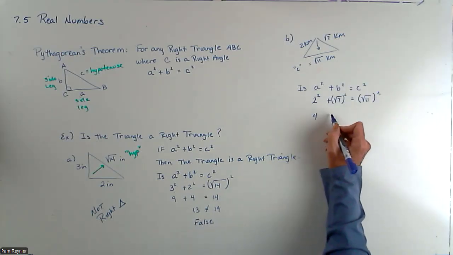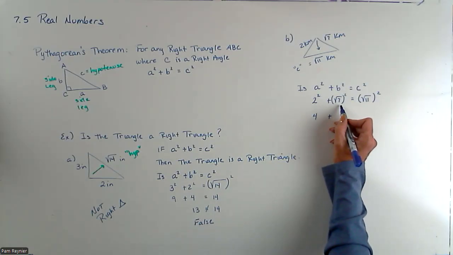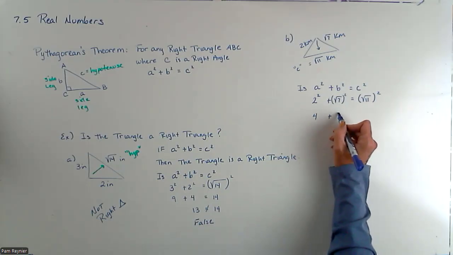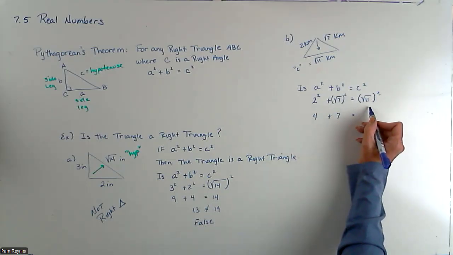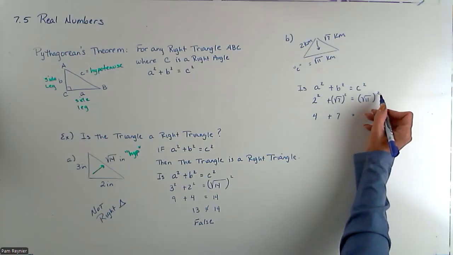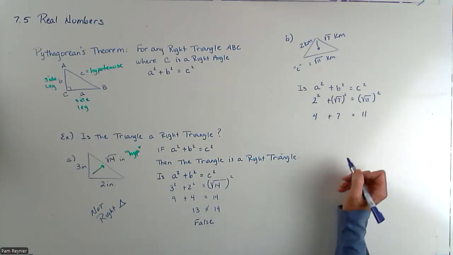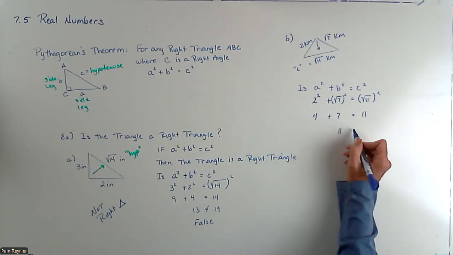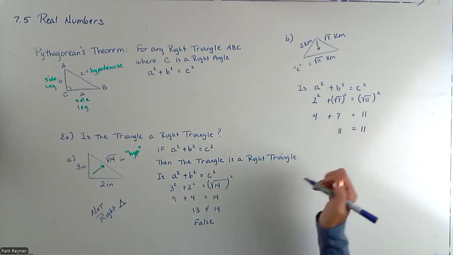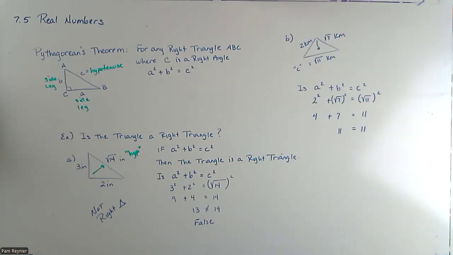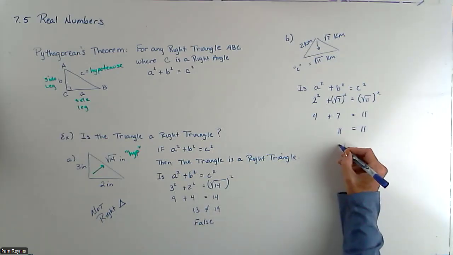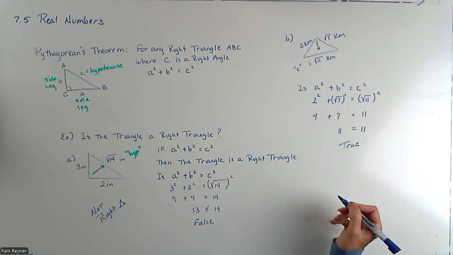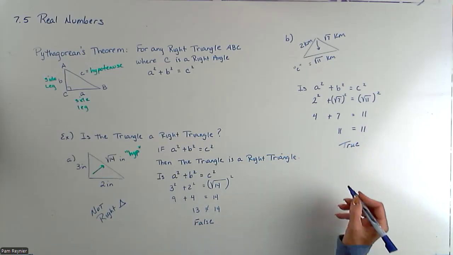The square root of 7 times the square root of 7 is 7. The square root of 11 squared, the square root of 11 times the square root of 11, those operations undo each other. Is 7 plus 4 equal to 11? Is 11 equal to 11? This is a true statement. So therefore, the triangle is a right triangle.